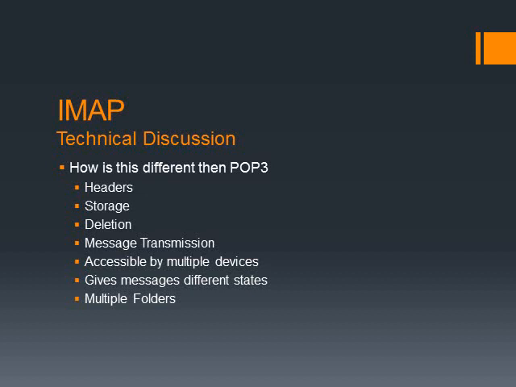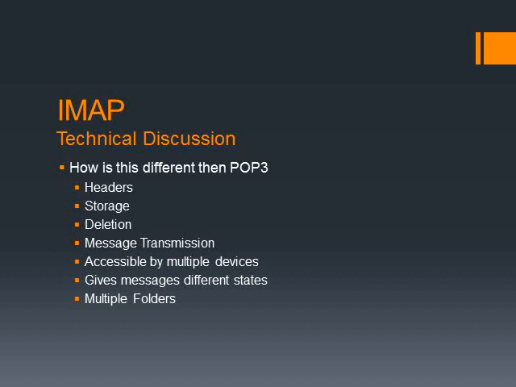All right, next we're going to talk about IMAP in another technical discussion. This is how IMAP is different from POP3. Pretty much similar in the way that they both receive messages for email. The difference is POP3 will, once you make the TCP connection, send all the messages over.